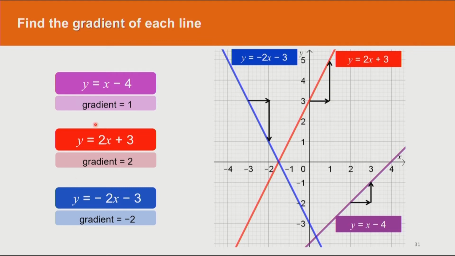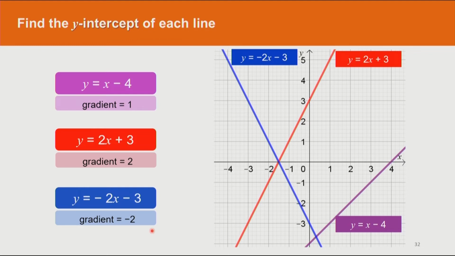So for the first one, you can see the x means 1x, so the coefficient of x is 1, so that is our gradient. For equation 2, the number in front of x is 2, that's our gradient, and for the third one, it is -2, as simple as that. So that is the easiest way, but remember please, you must make y the subject of the formula before you look for your gradient.